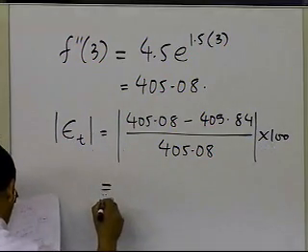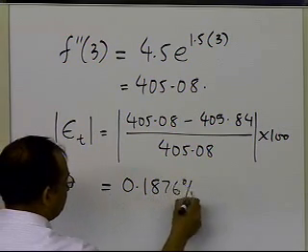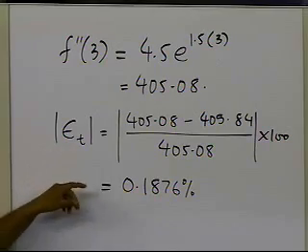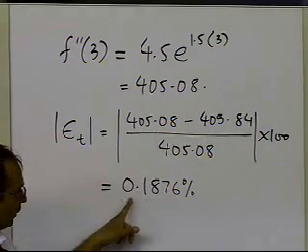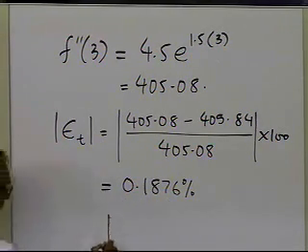And this value turns out to be 0.1876%. So the absolute relative true error between what we obtained exactly and what we obtained approximately is less than 0.2% difference. And that's the end of this segment.